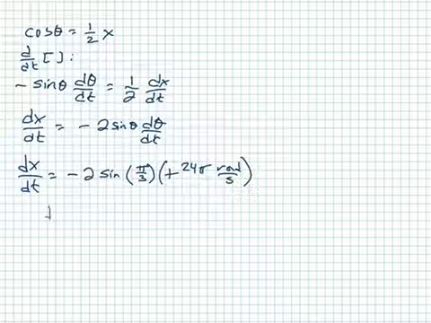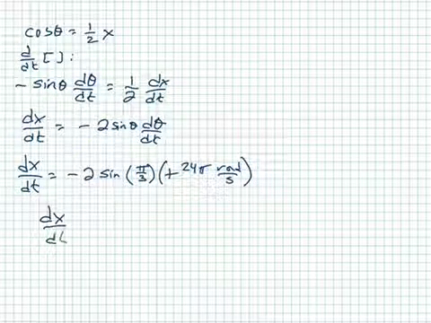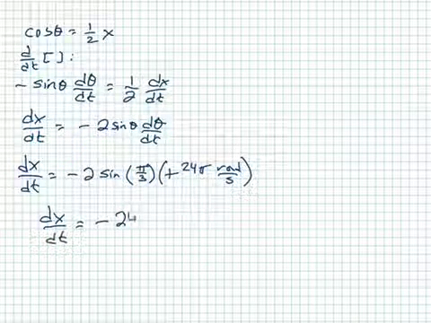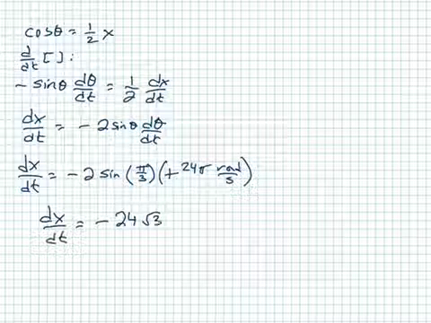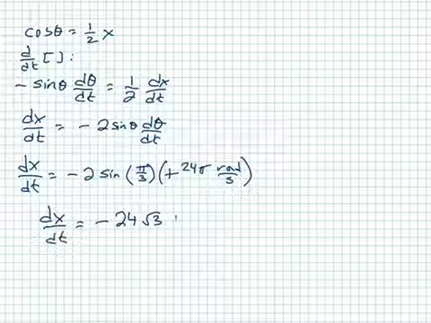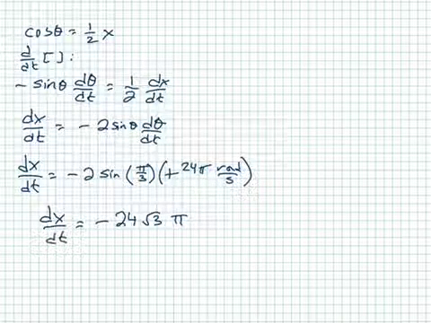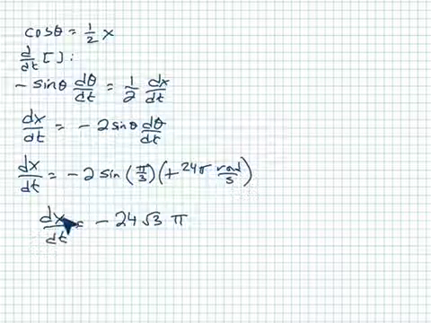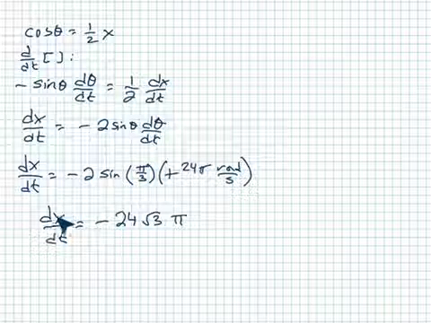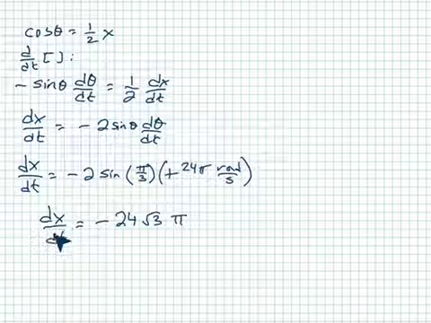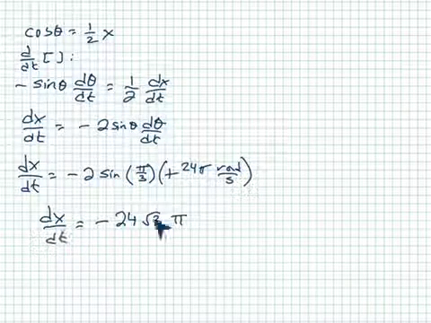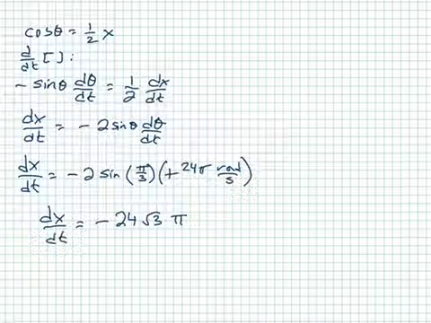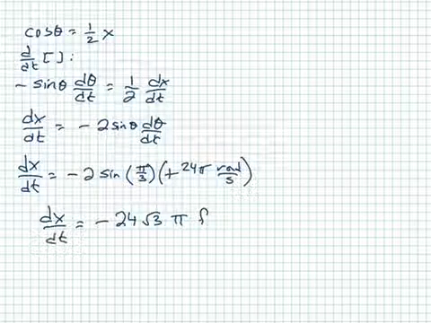If I multiply that all out, then dx/dt at this particular location is going to be minus 24 times the square root of 3 times pi. And in order to get the units, remember, you're looking at what the units of dx/dt would be. Our units are in feet, so dx is in feet, and it asks for time in seconds, which we have over here. So my units are just feet per second.